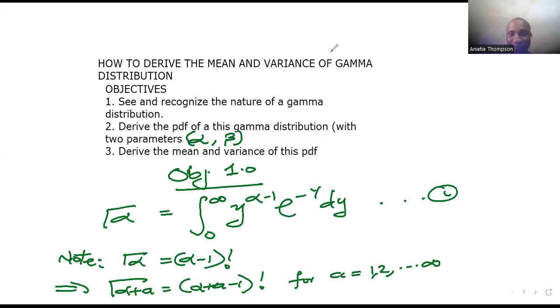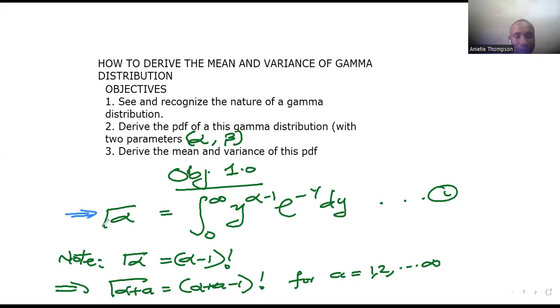All right, so to start up, by definition, the gamma distribution is given by this.